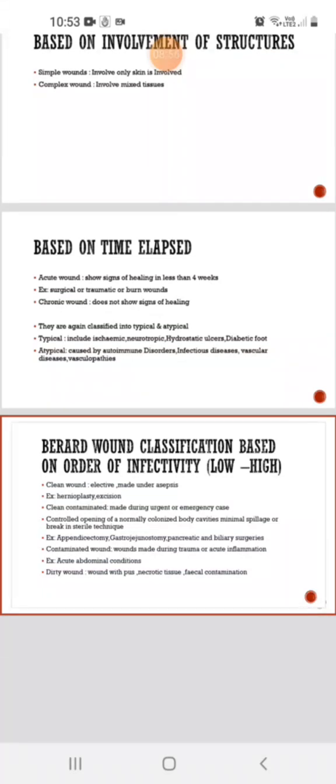Example, hernioplasty, thyroidectomy. Clean contaminated wounds are made during emergency cases. Example, appendicectomy and gastrojejunostomy. And contaminated wounds refer to wounds made during trauma or acute inflammation. Example, acute abdominal conditions. Dirty wounds refer to wounds with evidence of pus and necrotic tissue.